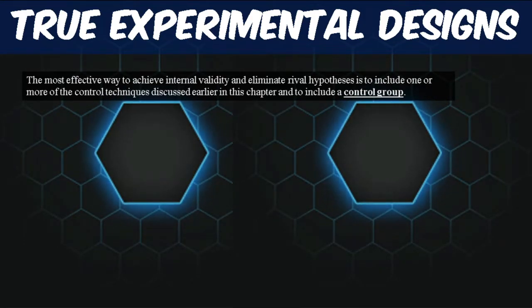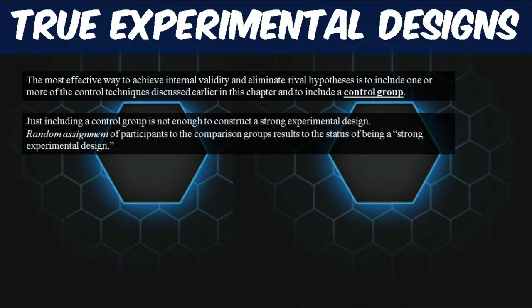They involve a comparison group, a baseline group, and it always involves random assignment of participants. So you have your samples. The samples must be randomly assigned to one of the comparison groups. If your design has these two elements, then most probably that is a true experimental design.